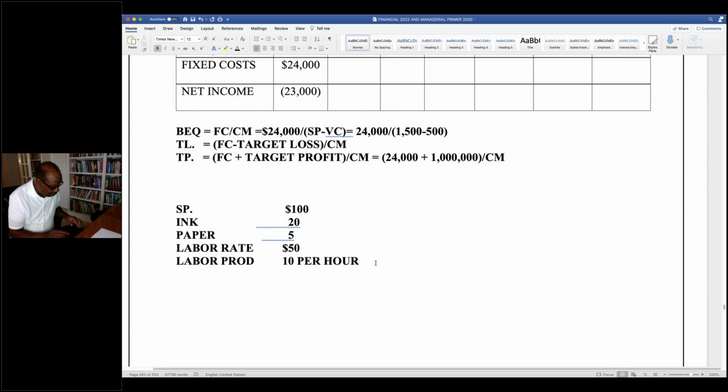And our total fixed cost will make total fixed cost $200,000.